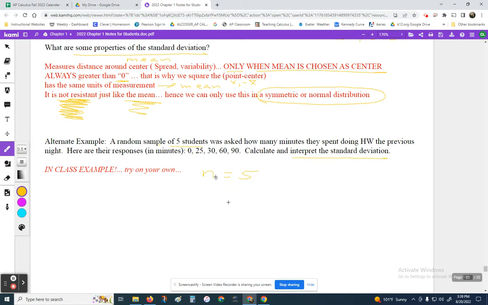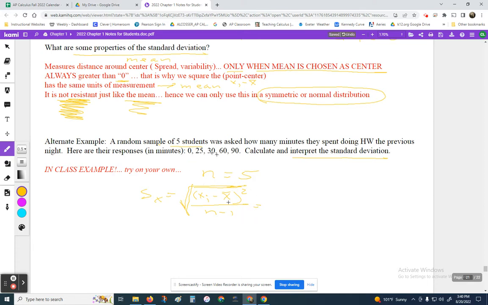That's our n. So the standard deviation is equal to the square root of the sum of x minus x bar squared all over n minus 1. The n minus 1 is inside the square root, guys, okay?